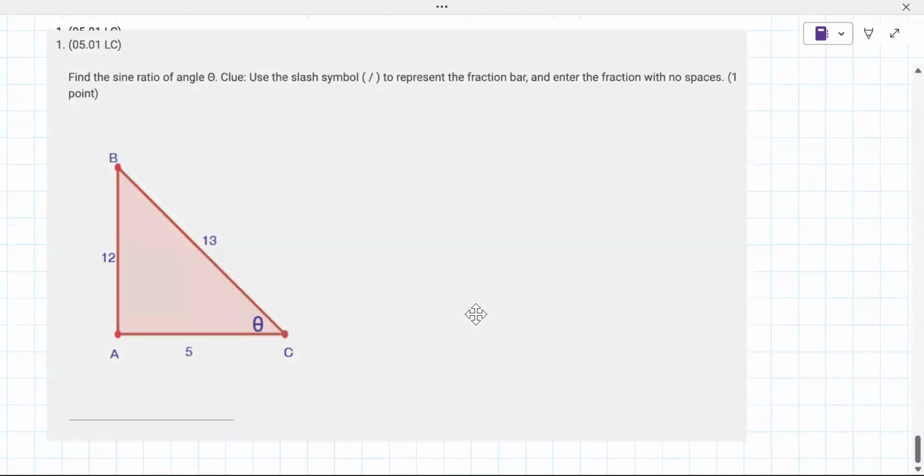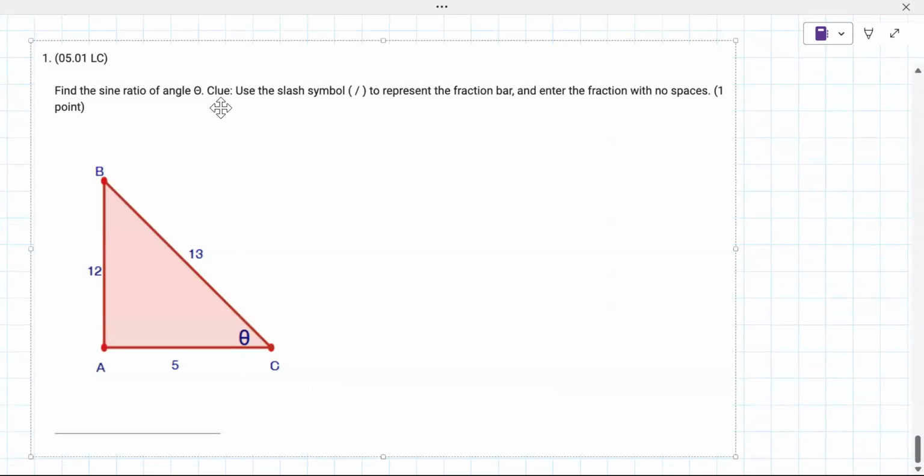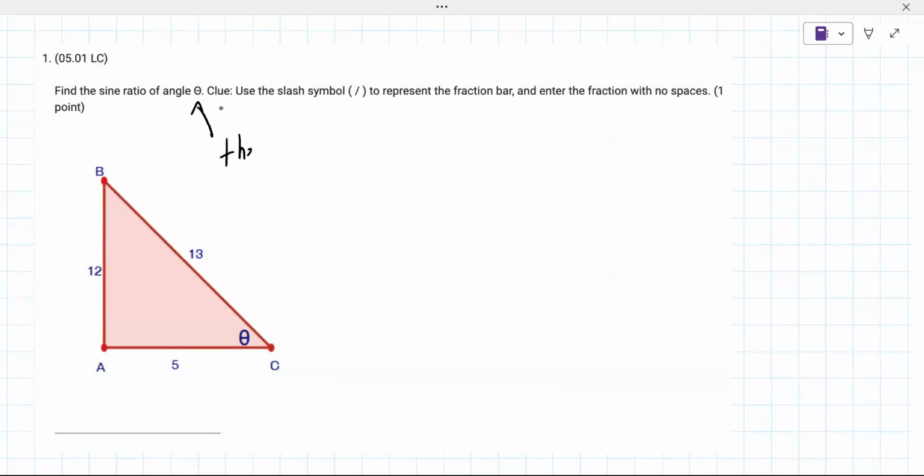Find the sine ratio of angle theta. This is a Greek letter here, theta. There's a whole Greek alphabet; you can go to Wikipedia or the internet and find it. So the sine of theta is the opposite over the hypotenuse.